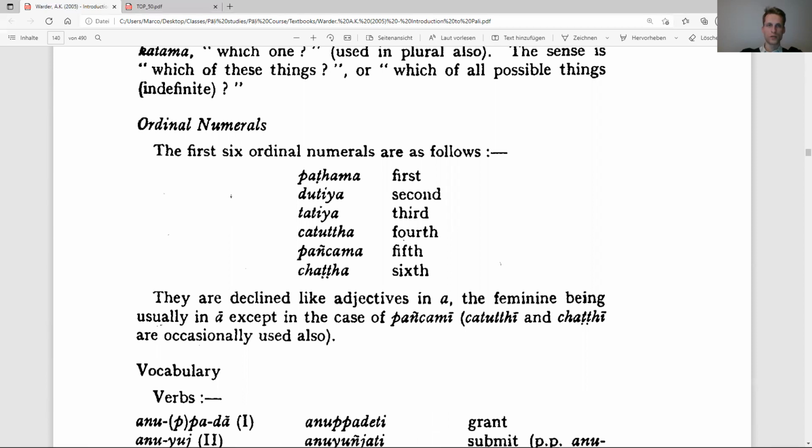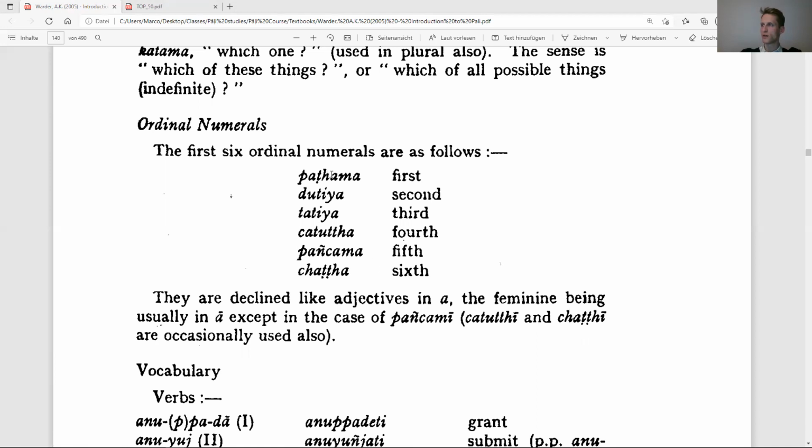Concerning the ordinal numbers, they are declined like adjectives in short a, the feminine usually being declined like the adjectives in long a, except in the case of pancami, catutthi, and tatiya.